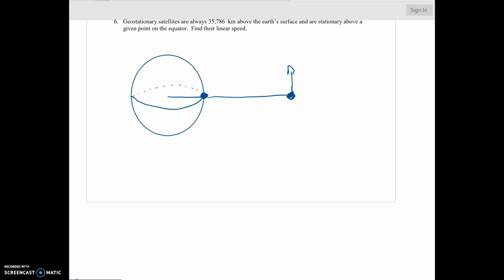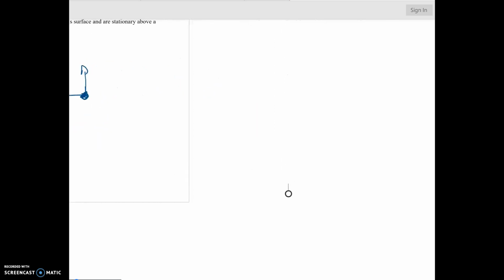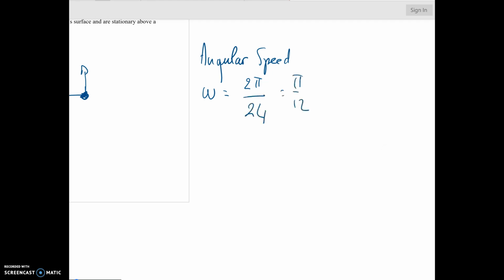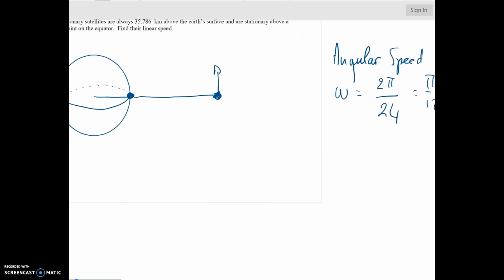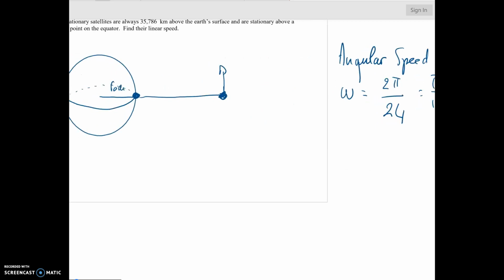Now, what is omega? What is the angular speed of this satellite? Omega equals 2 pi divided by 24, which is pi over 12 radians per hour. Now, if I want to define the distance, I need to take the radius of Earth right here.